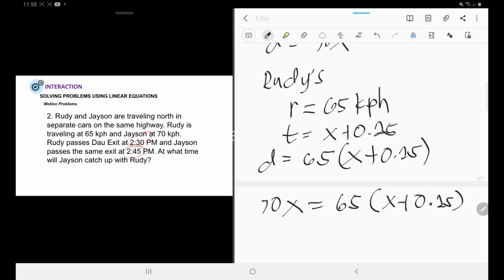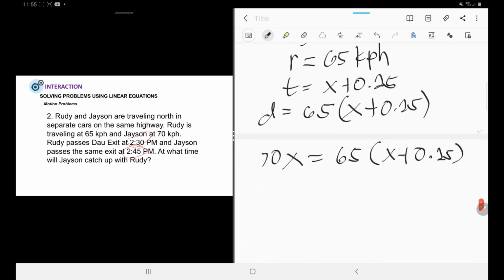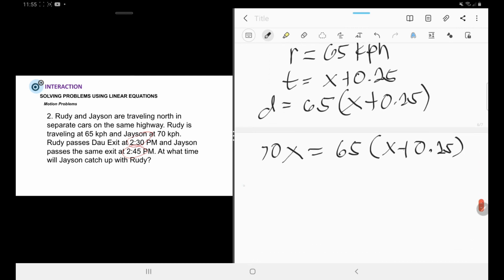So that's 70x is equal to 65 times x plus 0.25. That's the equation.